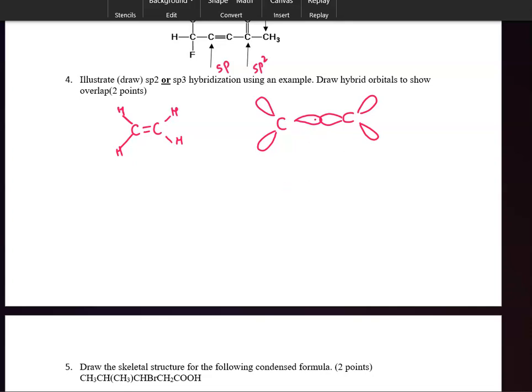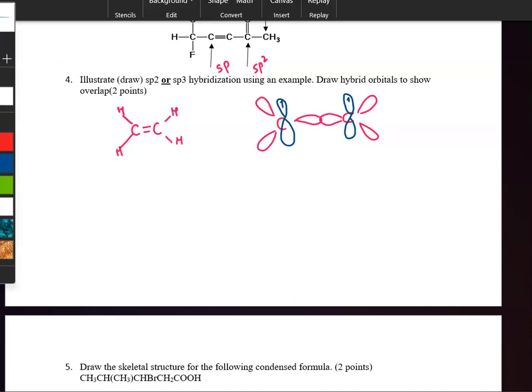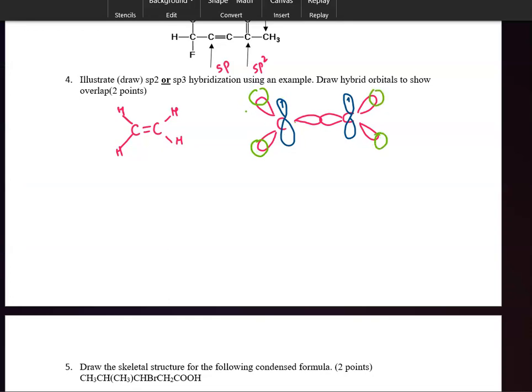Okay, so we can see the overlap here, right? And then we have the sigma. This is a sigma bond, and then we have the unhybridized p orbital on each of the carbon atoms, right? They also have one electron each, so this will result in a pi bond. Okay. Then don't forget to draw the hydrogens. So we have the hydrogens here, 1, 2, 3, 4, that's the s orbital, and you can draw the 2 electrons in each of these overlapping regions.